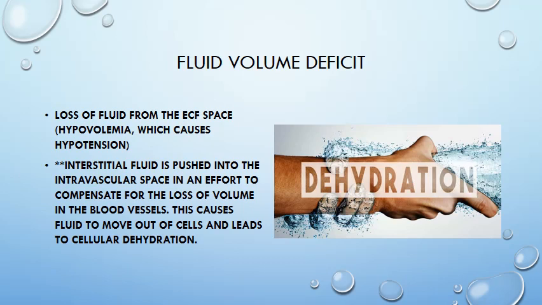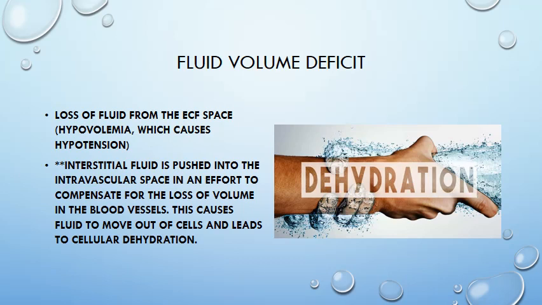Okay, so what happens? I'm going to draw a picture of this in class so that hopefully you'll be able to visualize that a little bit better. But what happens is that our interstitial fluid, which we said was what? It's the fluid between the cell and the vascular space. So that fluid is pushed into the vascular space to compensate for the loss of blood.